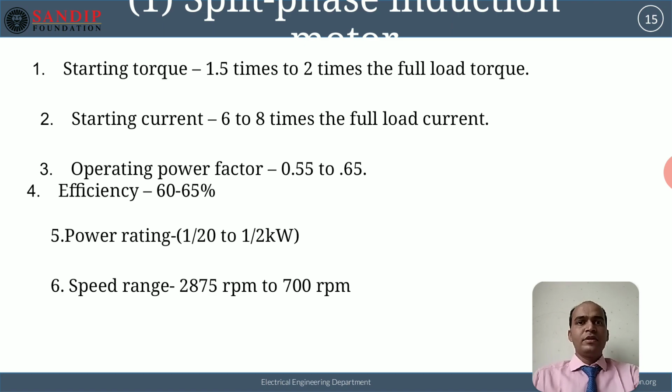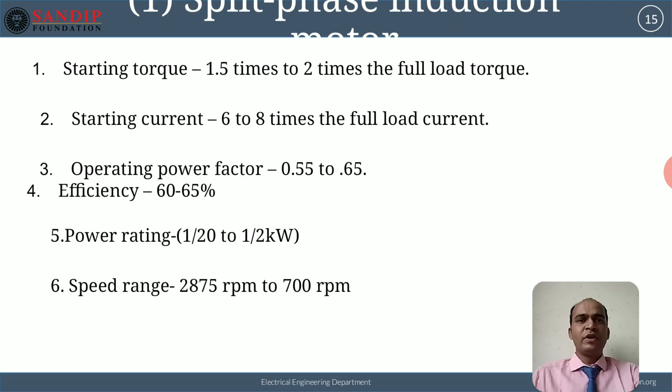Now, the starting torque is initially 1.5 to 2 times the full load torque. The starting current of this motor is 6 to 8 times the full load current. The operating power factor is 0.55 to 0.65. The efficiency of this motor is 60 to 65%.